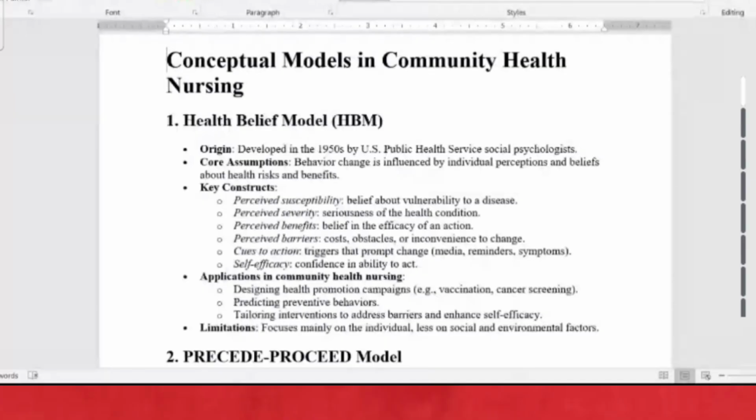This is one of the models that is applied in community health nursing. Now, when you're talking of conceptual, these are just concepts that are put together. As the name suggests, health belief model, there are beliefs.